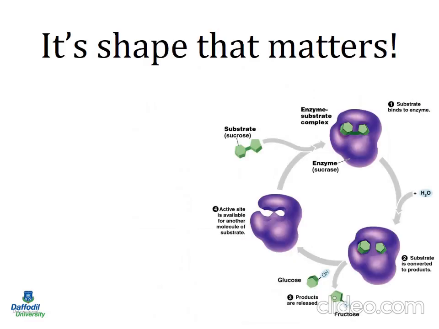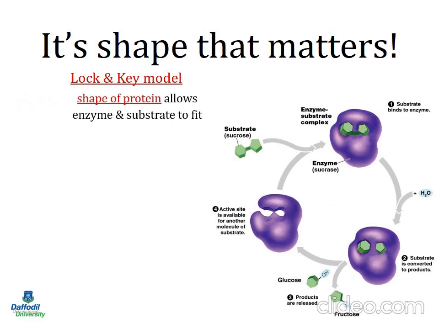Now, how does an enzyme work? It is always said that shape does matter in enzyme catalysis, because each and every enzyme has a certain shape, and each and every enzyme has a specific substrate, and due to this they have a certain shape which allows your substrate to bind, and upon binding it works like a key and lock method.